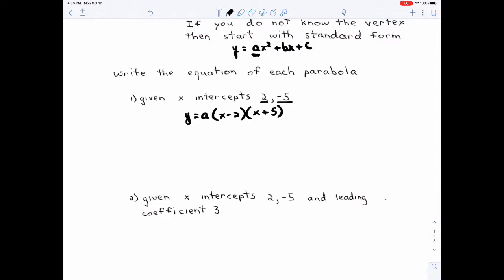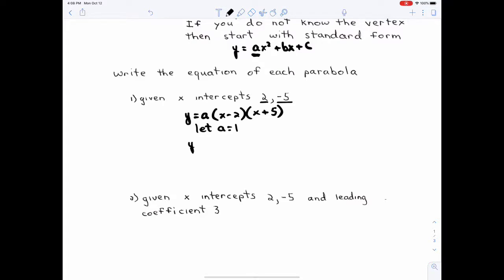Did I tell you anything extra besides the x-intercepts that would help us find the leading coefficient? No. So we're going to pick the easiest thing we possibly can. You can't pick 0 because that makes the whole problem go away, but the easiest thing you can pick is 1. Will it always be 1? No. But for this problem it is, because there's just nothing easier.